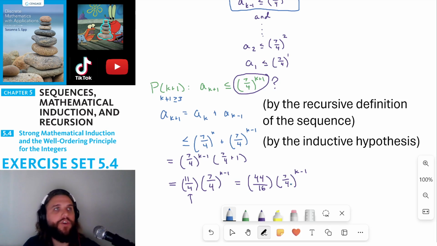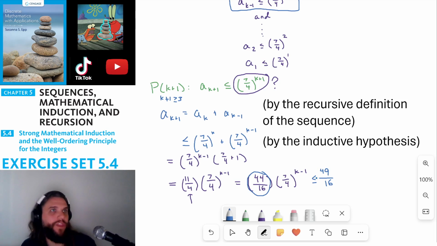Now, if I want to absorb two factors of 7/4, that's 7/4 times 7/4, which is 49/16. Now, this isn't quite 49/16. It's almost 49/16, but it's not quite. But what I can do to turn it into a 49/16 is replace this number with a larger number, 49/16. Now, this might look like I'm just cheating. I'm just replacing it with a bigger number. But the thing is, with inequalities, you're justified in doing that so long as you have the correct relation here, which in this case is the inequality symbol, less than or equal to.